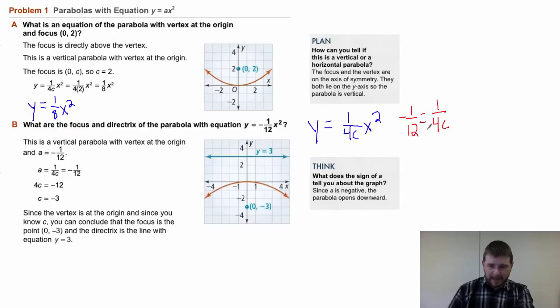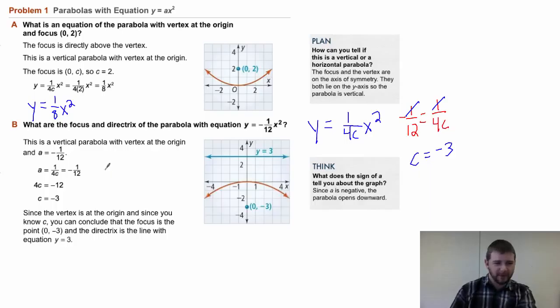Note one of these values is negative, the other is positive, which means our c value, our only variable, must be negative. Since our numerators match, we can really ignore those. Negative 12 equals 4c. c must equal negative 3.